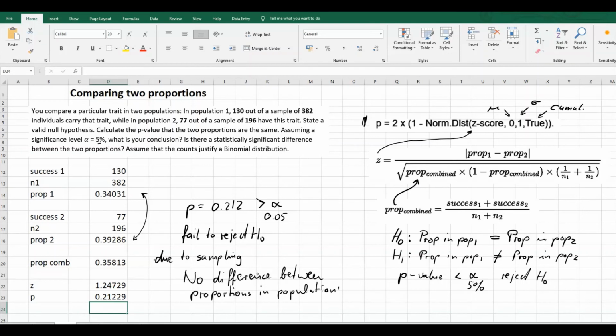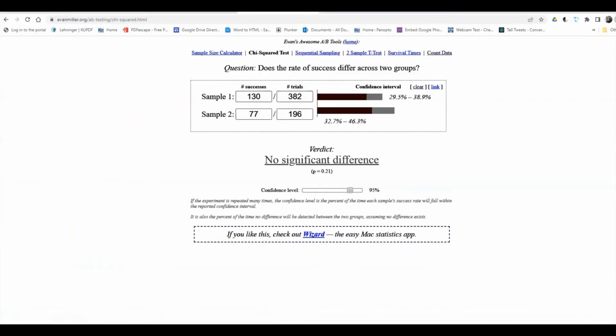So that is how we can do this calculation in Excel, but I appreciate it's a little bit tedious to do all these calculations. We can also use a really good online calculator. So here's my favorite online calculator, and I put the link to it in the description to this video. What we can do is put in the success, and the sample size, which in this case is called trials. So we had 130 out of 382 for the first population and 77 out of 196 for the second population.